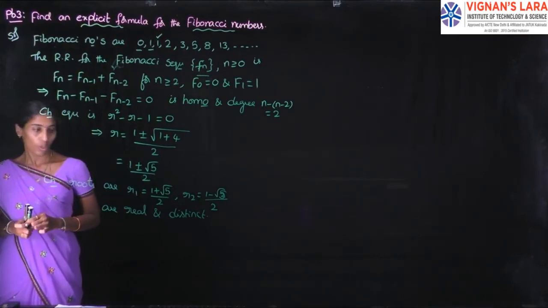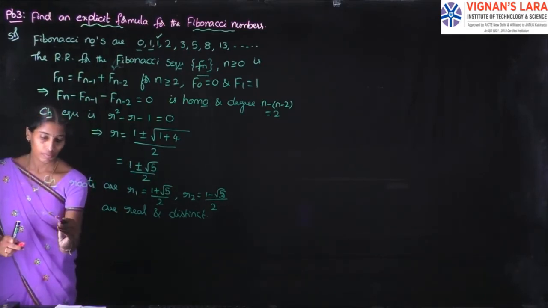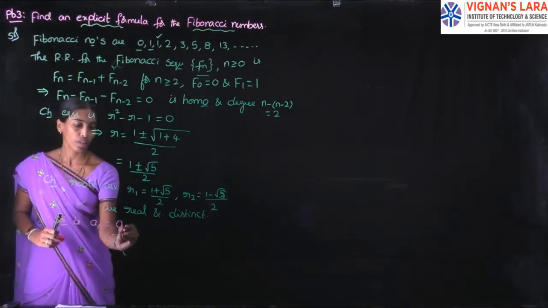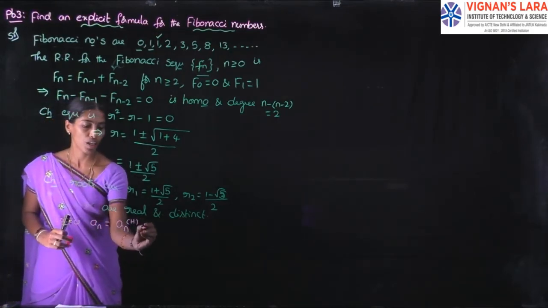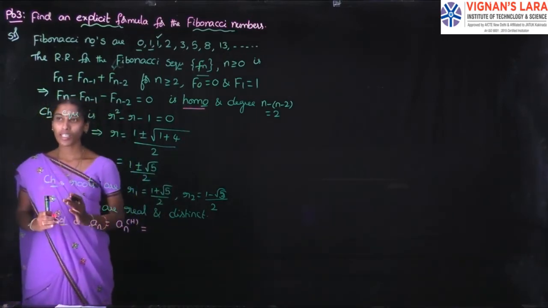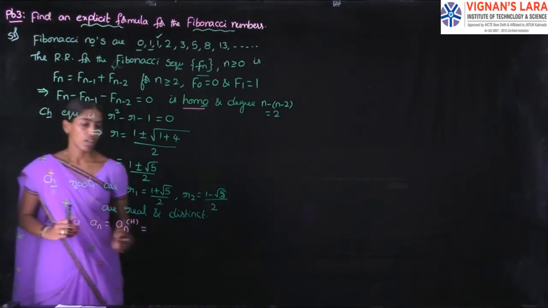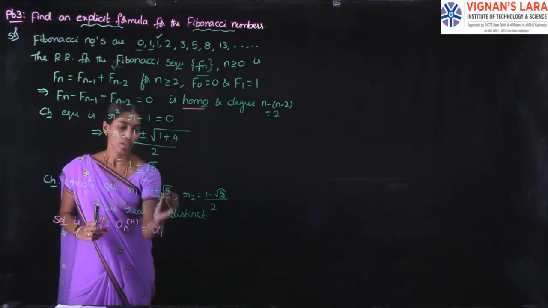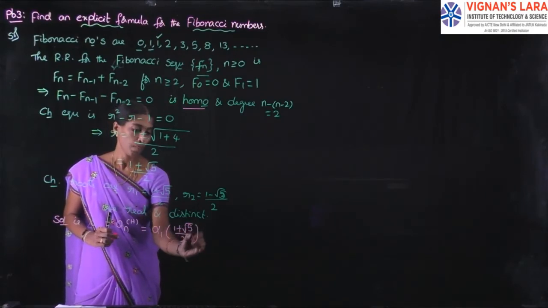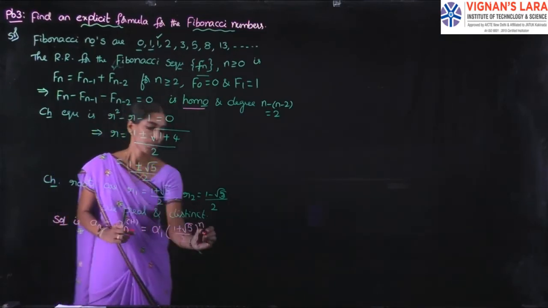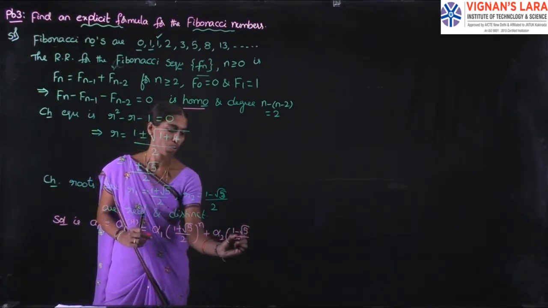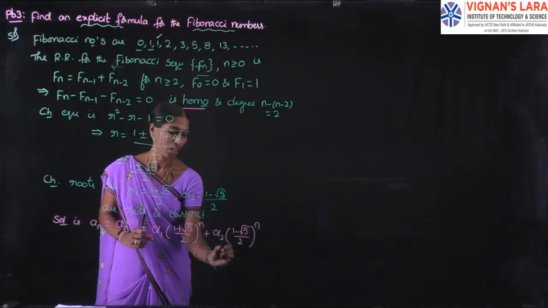What is its solution? The solution is an equal to an of h, because it is a homogeneous recurrence relation. The solution only contains the an of h part, right? So alpha 1 into the first root, 1 plus root 5 by 2, to the power n, plus alpha 2 into the second root, 1 minus root 5 by 2, whole to the power n.